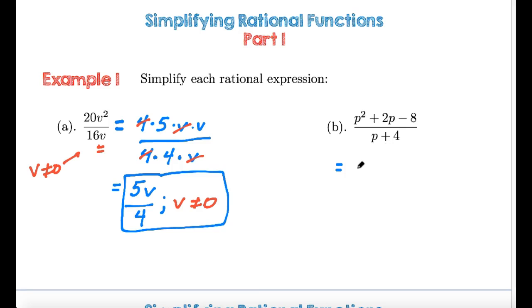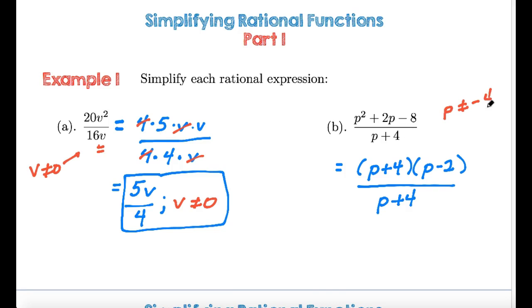So the numerator is p plus 4 times p minus 2, which gives a product of -8 and a sum of 2, all over p plus 4. In the very first part here, our asymptote would suggest that p cannot equal -4. That would make this 0.